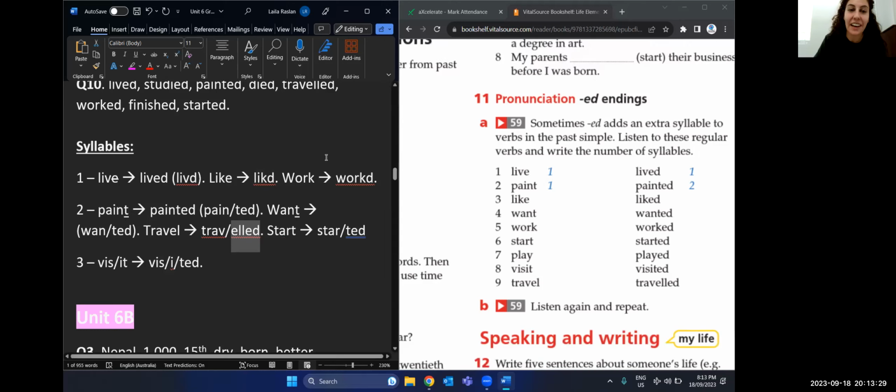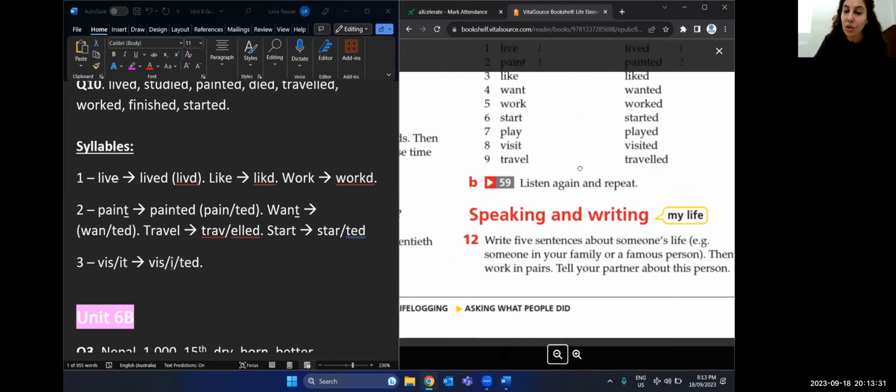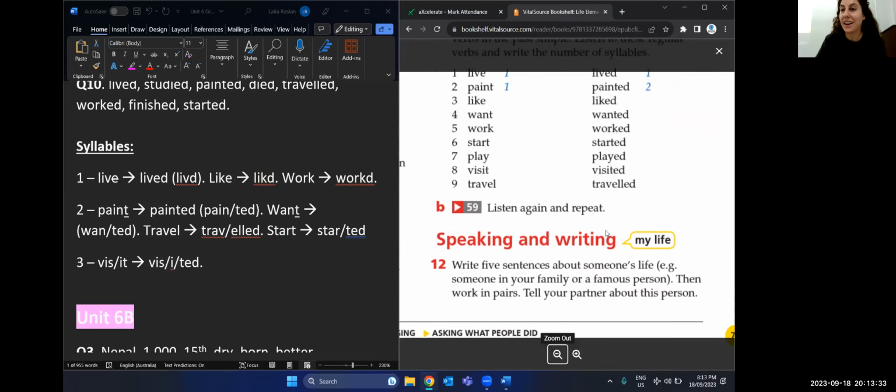So what are we going to do now? We're going to practice talking about someone in the past, but we're going to do it in a group and you're going to present it. So for example, I'm going to put you in groups of three. You could talk about Frida Kahlo, or a president of your country, or a famous soccer player, or anyone.